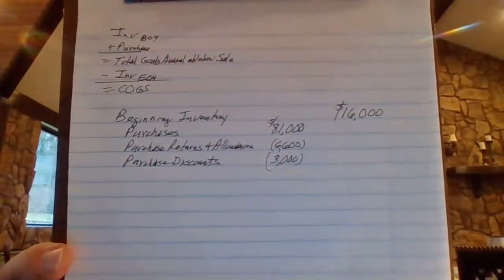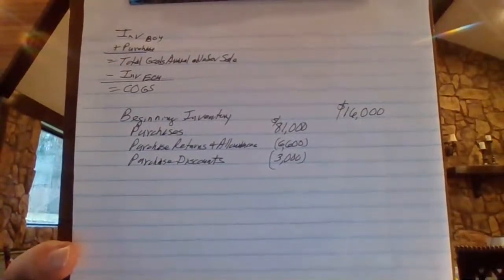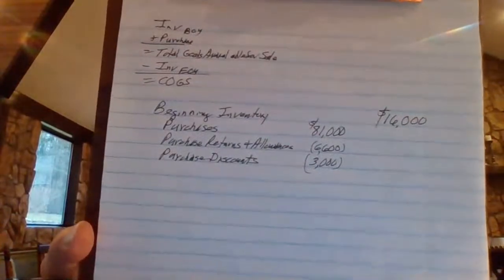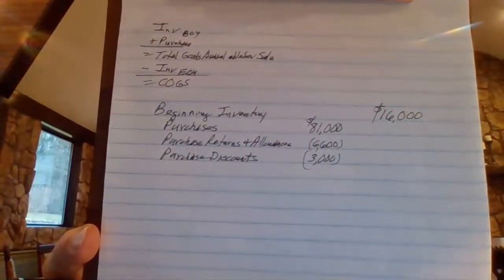So I got the 81,000 of purchases, but I have to adjust that for the returns and allowances. Also have to adjust it, reduce it for the discounts. That's going to give me a thing called net purchases, which comes in at $71,400.